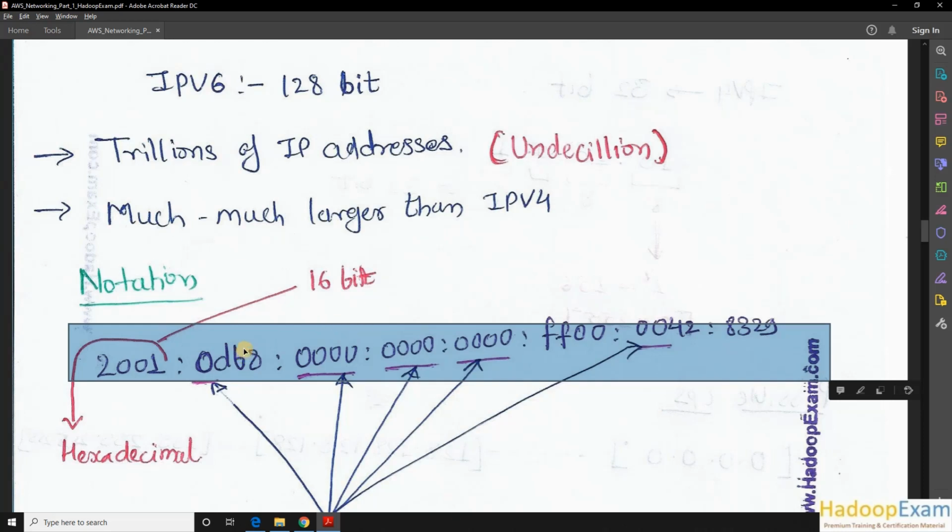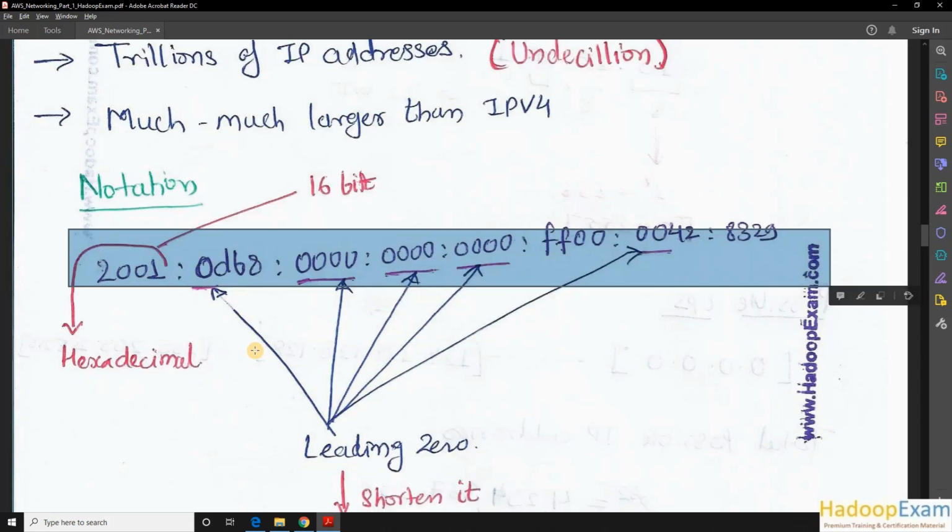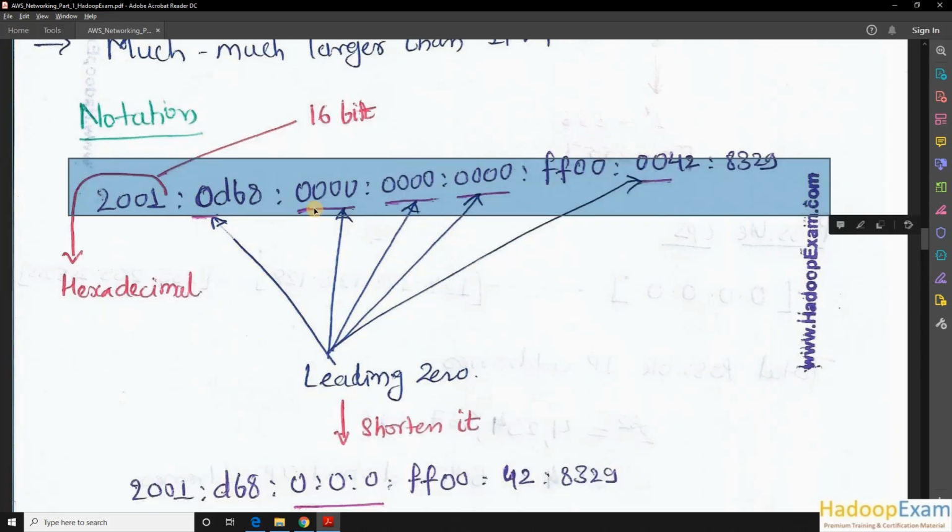Now we need to shorten this IP address representation, because writing such a big string all the time is not comfortable for everybody. So how can we shorten it? Any leading zeros we can skip.